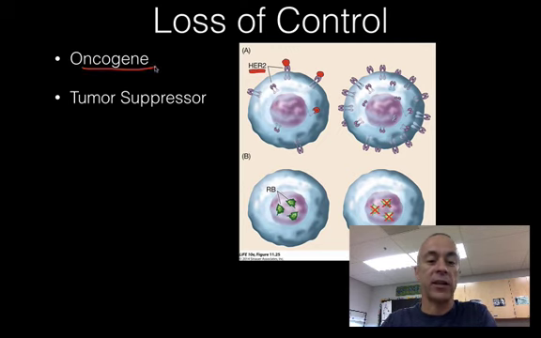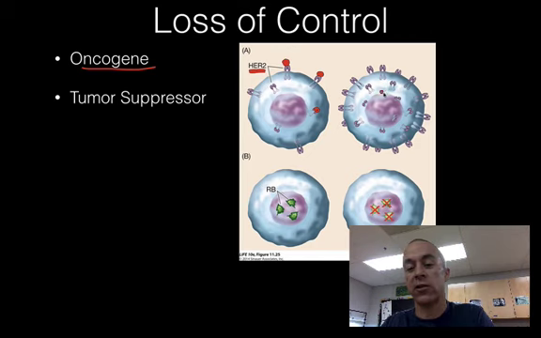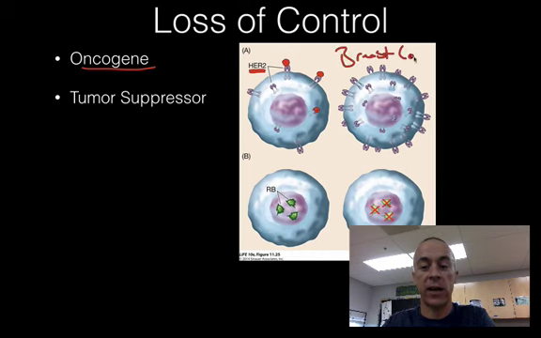A mutation in oncogenes can lead to an overproliferation of these HER2 receptors. So the cells become much, much more sensitive to growth factors. So growth factors that might not make this cell divide, that same concentration would make this cell divide because it has so many more receptors in it. And that's a common cause of breast cancer.